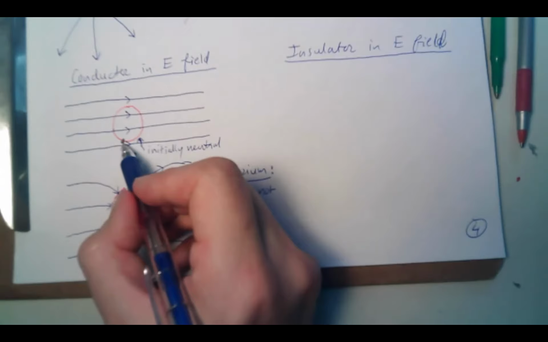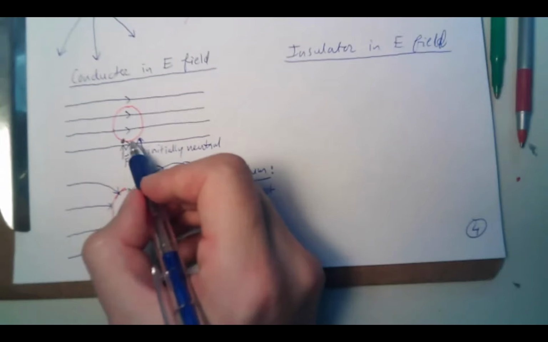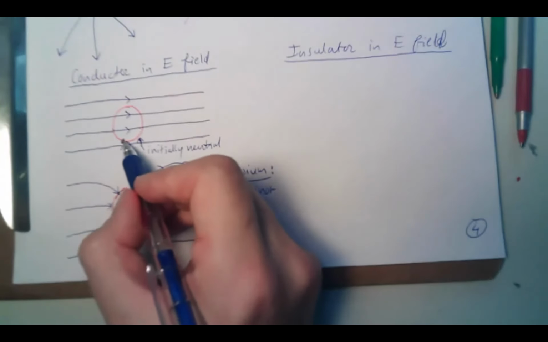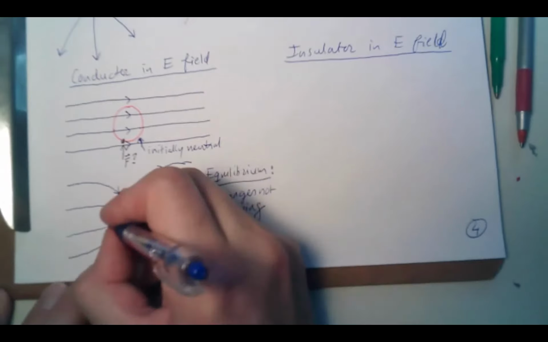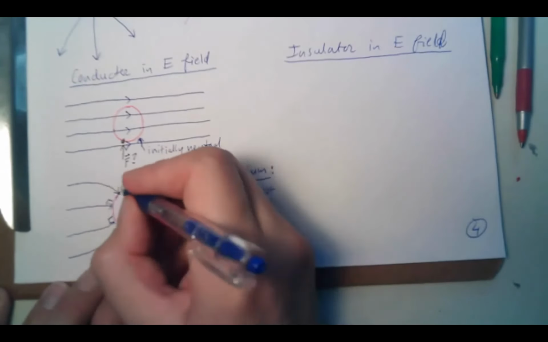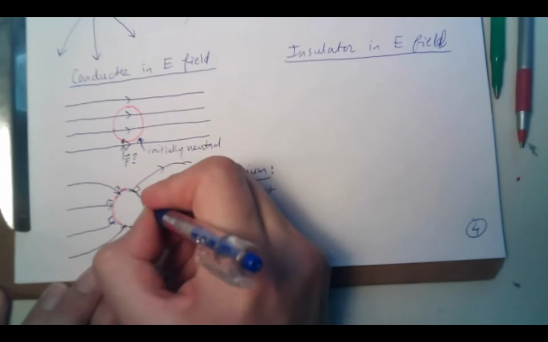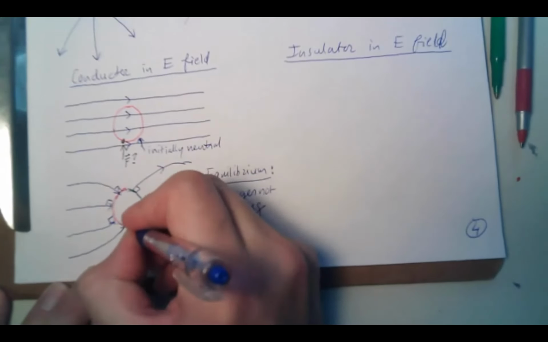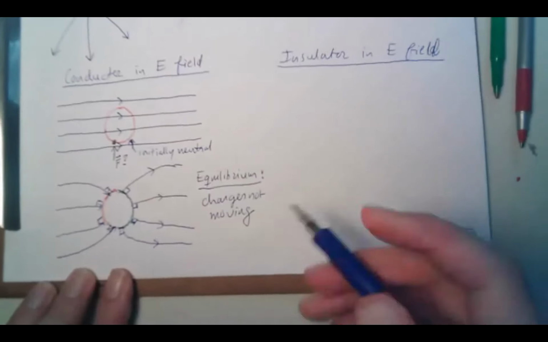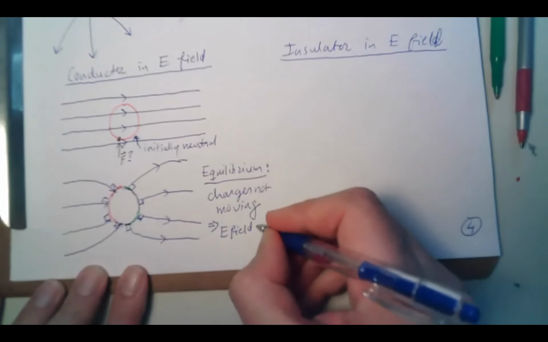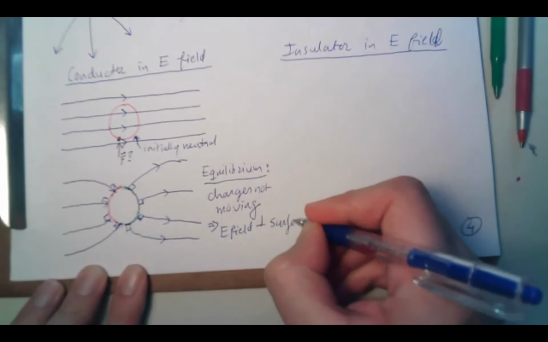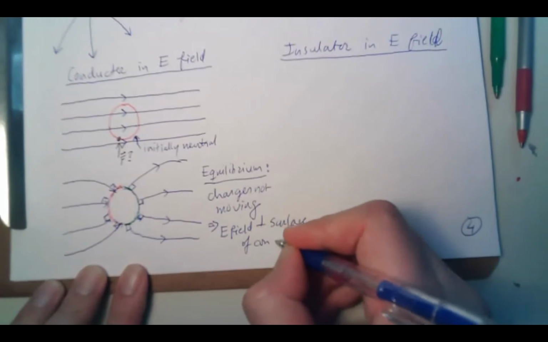And if that force has a component along the direction of the surface, that means the charge is going to move. So it's going to keep moving until that component that is tangential to the surface vanishes. In other words, it keeps going until the electric field is perpendicular to the surface. And I didn't really draw it very well, but the E field is perpendicular to the surface of a conductor.